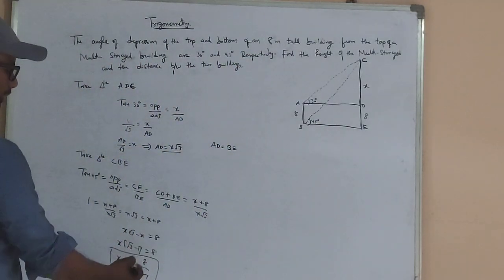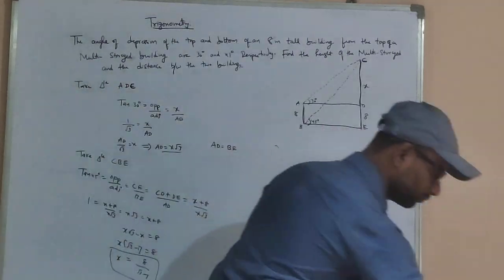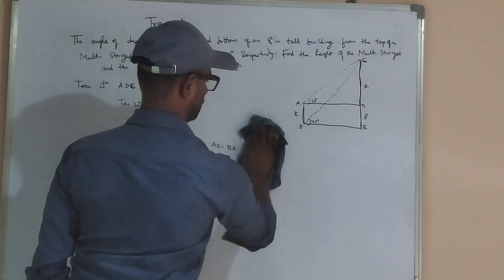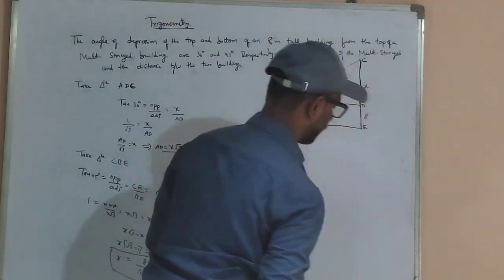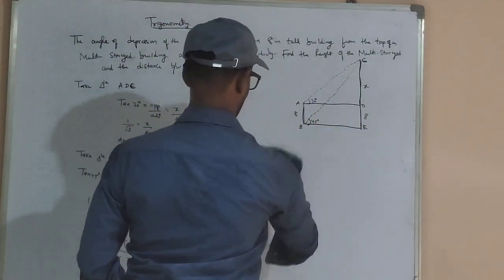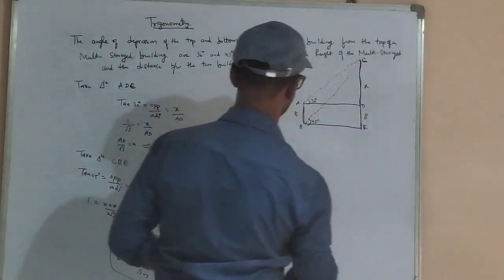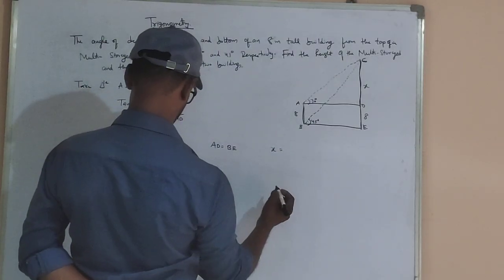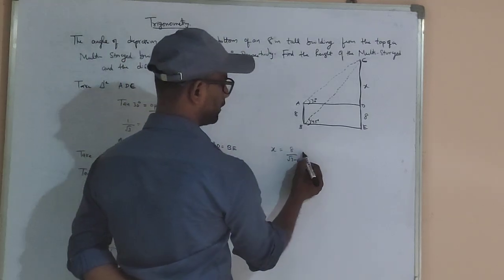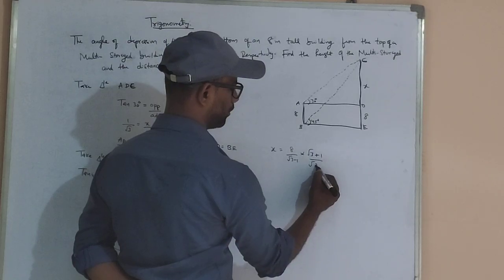So CD here we got x is equal to 8 by root 3 minus 1. So we have to do rationalizing the denominator, multiplying by root 3 plus 1 by root 3 plus 1.